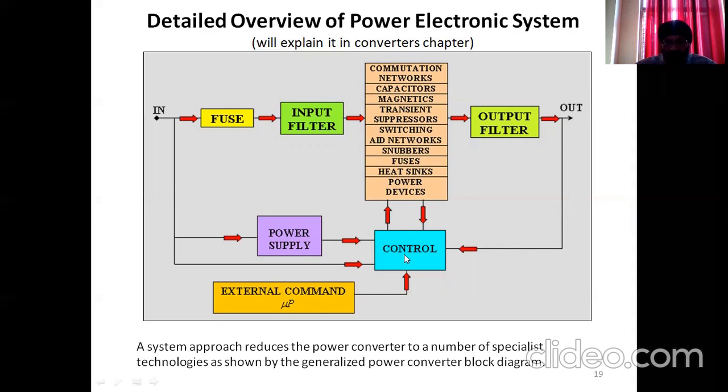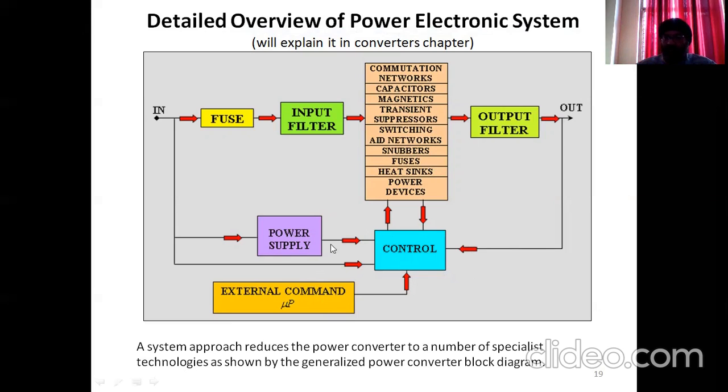This controller can be software based. If it is software based, you make a program of this controller, put it in a microprocessor, and then execute it. Or it can be completely hardware, a digital hardware or analog hardware. So this controller building block can be designed either software based or hardware based.